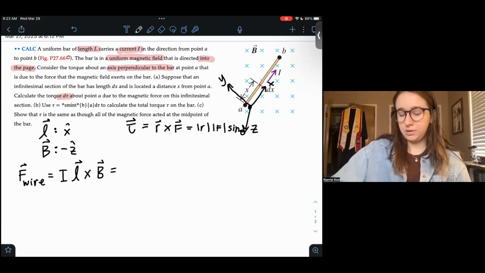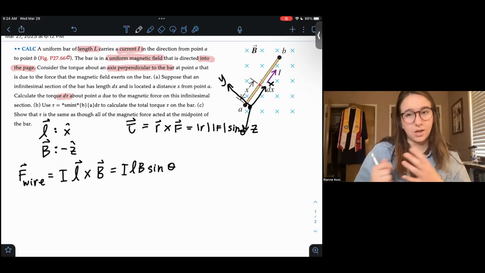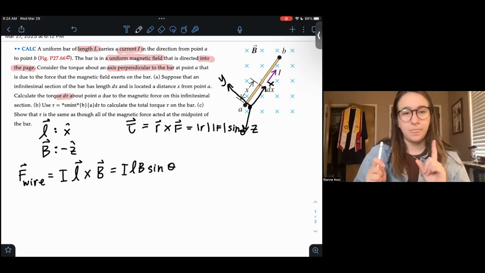Similarly, you can say that it's I L B sine theta, where theta is the angle between your vectors L and B.